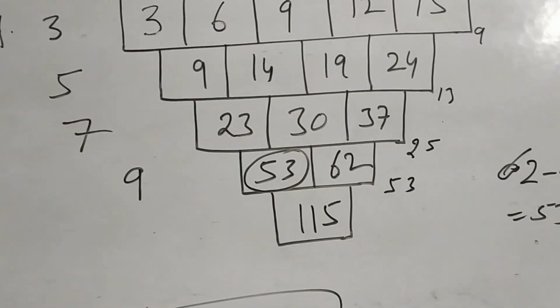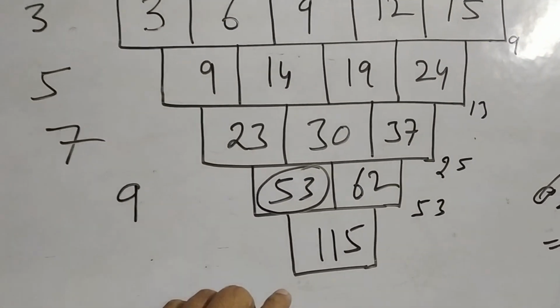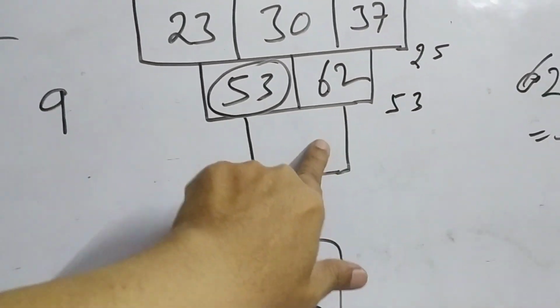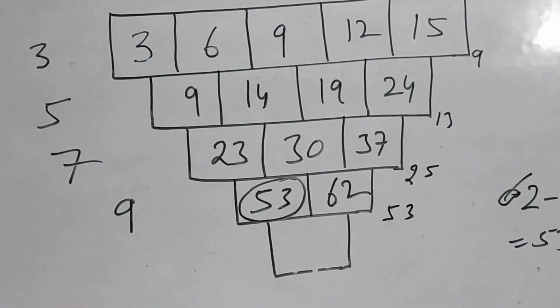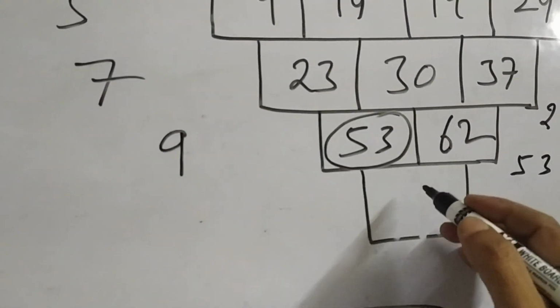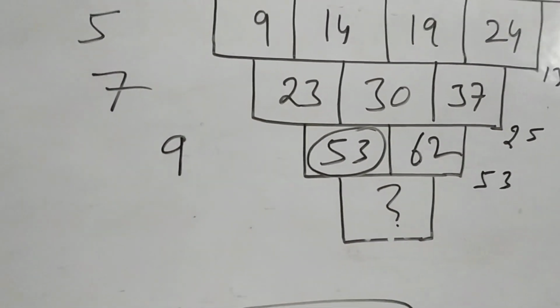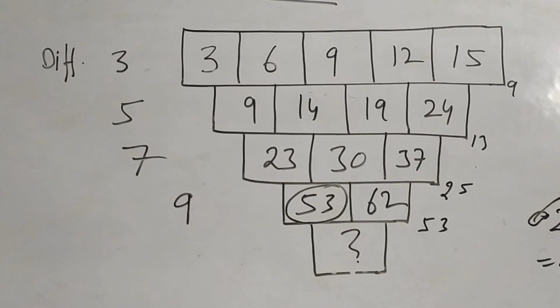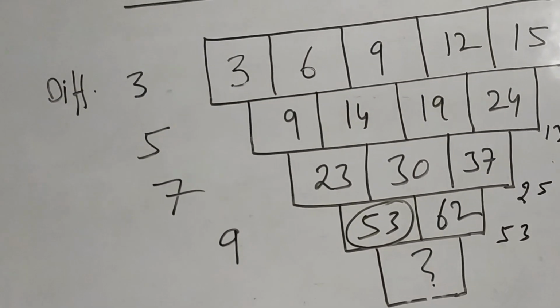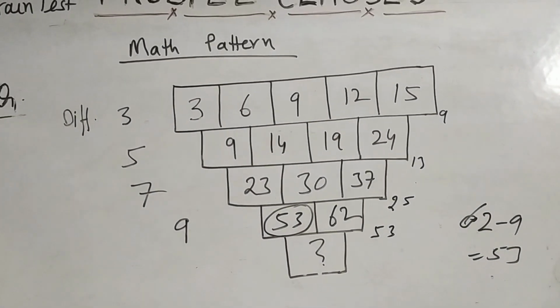You can also make any number in this one anywhere. Suppose now the question is this, we have to find this number. But whether the answer is correct or not, you have to cross check it.